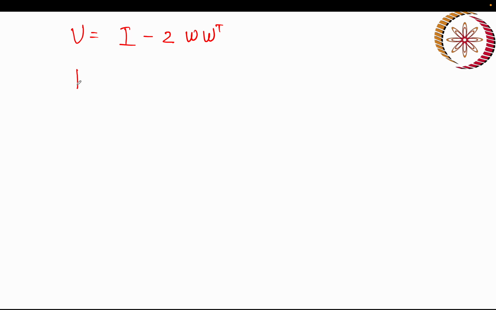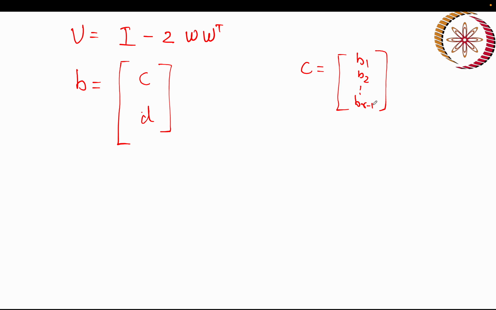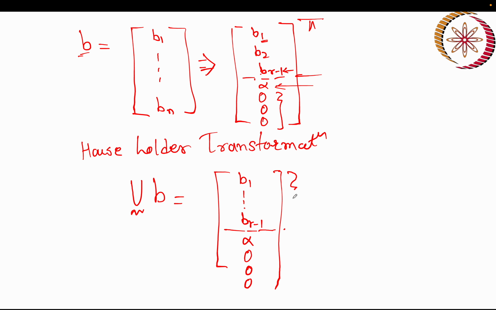Okay, so this is the matrix, and let's say we have this vector b, and we divide it into c and d. So this c is nothing but the top part, which we have denoted by b1, b2 till b r minus 1. I'm referring to it as c, and this part is d.